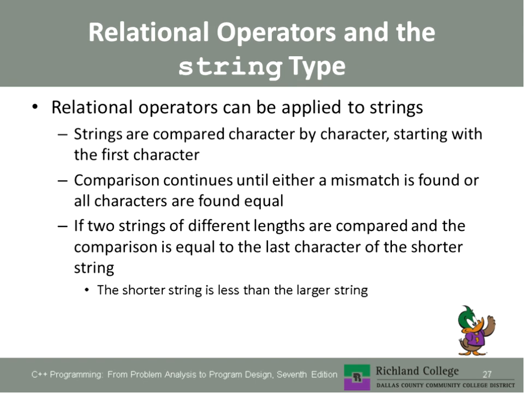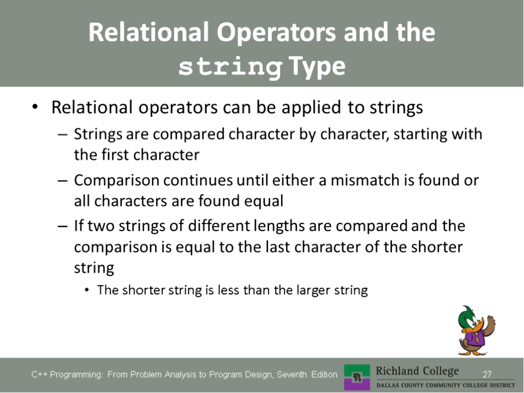Okay, so relational operators and the string type. So just make sure that you understand how we compare characters, because a string is nothing but a collection of characters. So when we are comparing strings, we are comparing character by character, starting with the first character, and you compare it one character at a time, and comparison continues until either a mismatch is found or all characters are found equal.